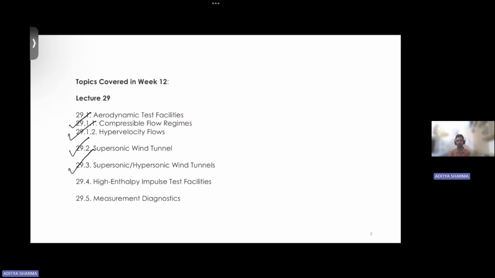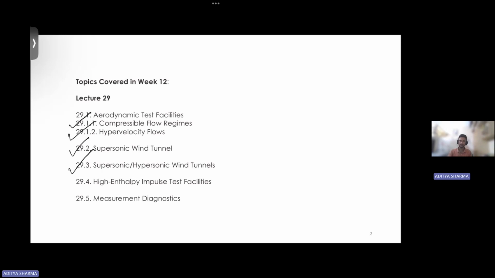And the test time for this setup remains of the order of microseconds, that is 10 raised to the power minus 6. In the previous setups we were seeing that the test time was in milliseconds, but in this case the test time is of the order of microseconds.